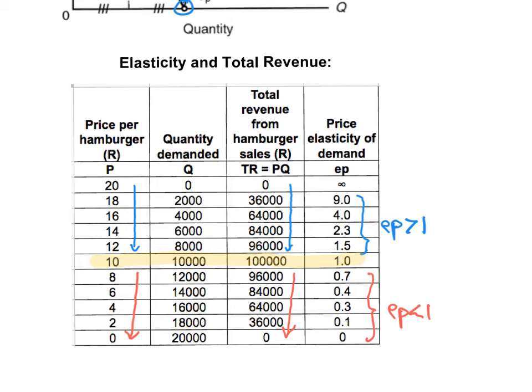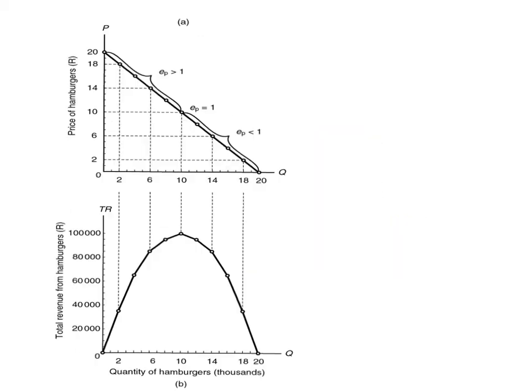Let's have a look at what this table shows us in the form of a graph. So the upper graph shows us that as the price falls from 20 Rand down to 10 Rand, so think of it as we slide down the demand curve, we find that our total revenue will increase.